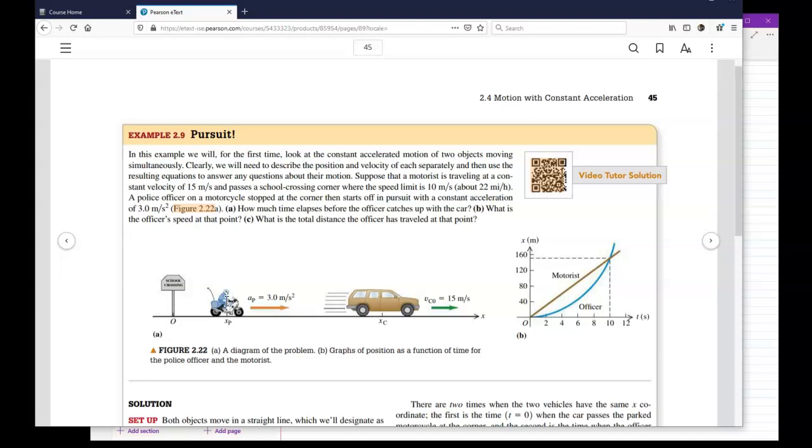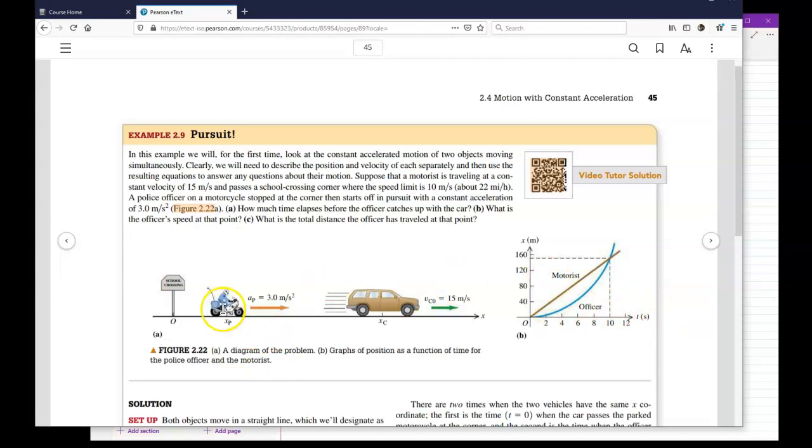Now, by the time the officer catches up with the car, both should have the same position, correct? Because once he catches up with the car right here, they would have the same position. In other words, both must have traveled the same distance. This is important. You have to find a link between the car and the police, and that's the link right there.